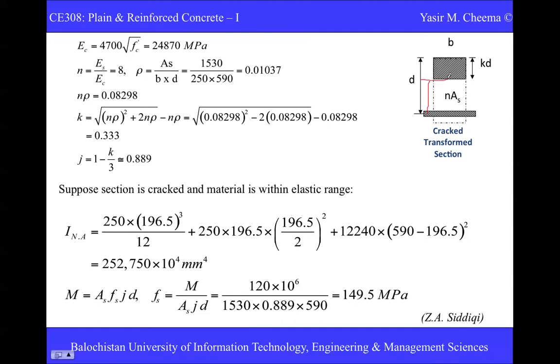So to reach this neutral axis level, we know this value of D, and we also know this value of KD. So if we subtract this KD from D, we automatically reach this level. So the same is here. Sorry, 590 is this depth, and this 196.5 is this KD value. So we are just subtracting this one to get this value. Is it clear? I hope it would be clear now.